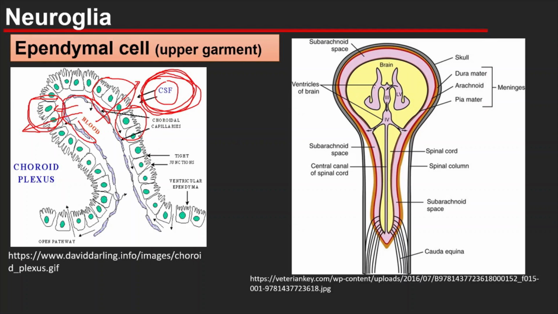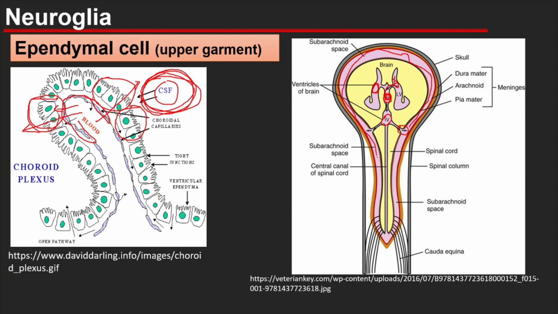And this CSF, the choroid plexus, we know that they are in the lateral ventricles or the ventricles of the brain. As the CSF is formed in the lateral ventricle, it moves to the third ventricle, then the fourth ventricle, then it enters into the subarachnoid space, and this subarachnoid space is filled up with the CSF, cerebrospinal fluid.